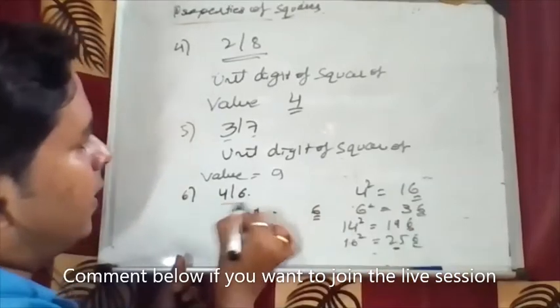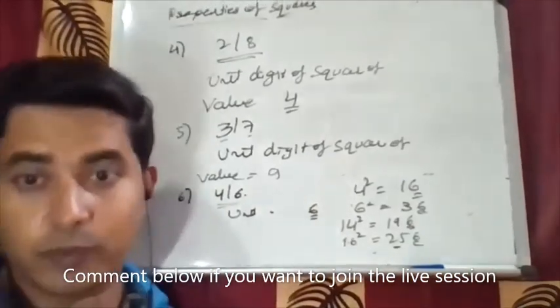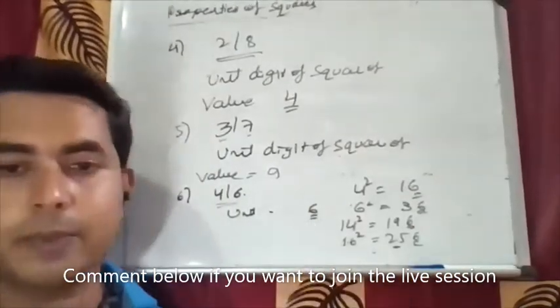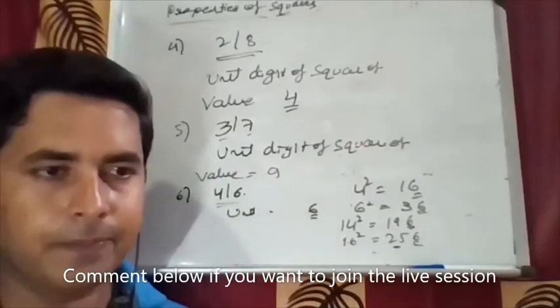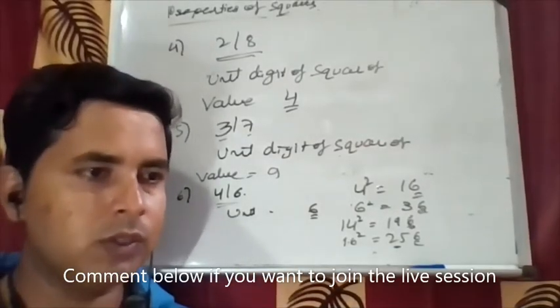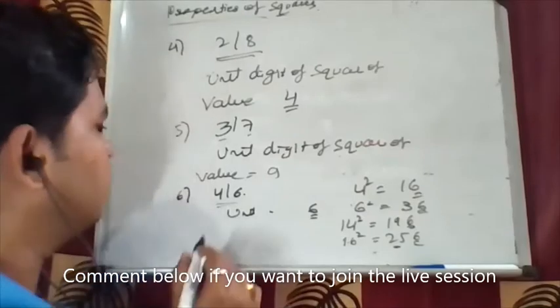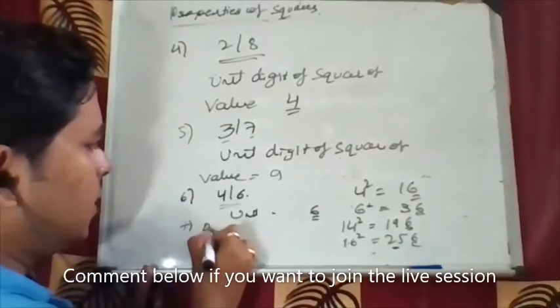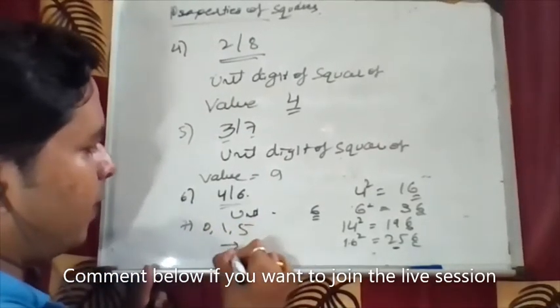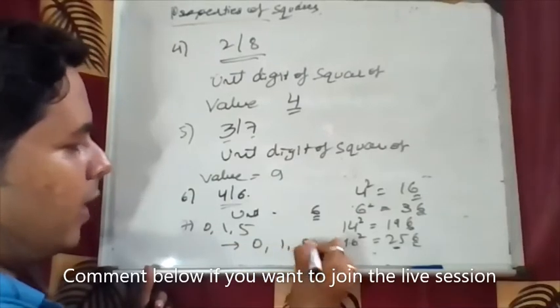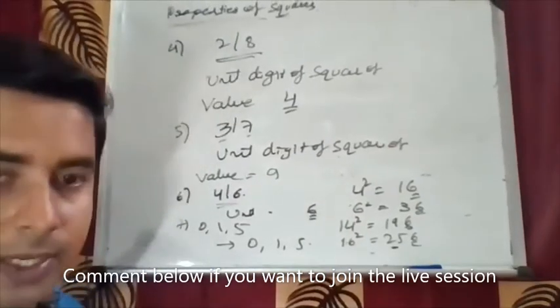So for numbers ending with 4 and 6, the unit digit of the square is 6. And the numbers ending in 0, 1 and 5 stay the same: 0, 1 and 5.